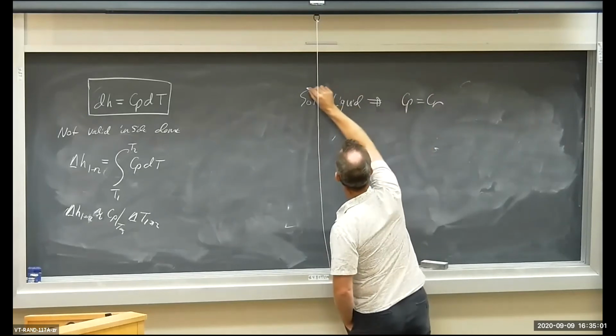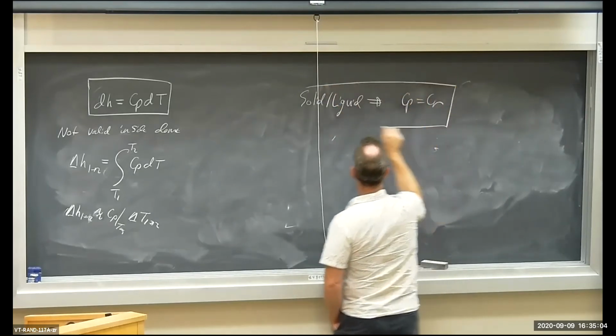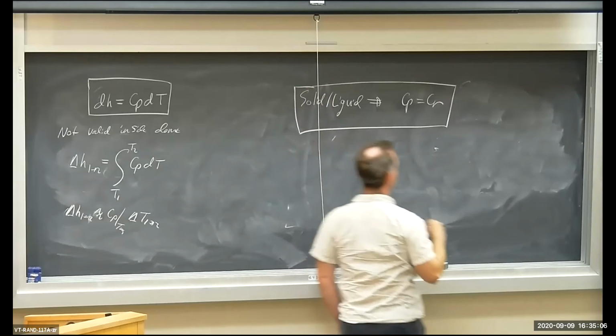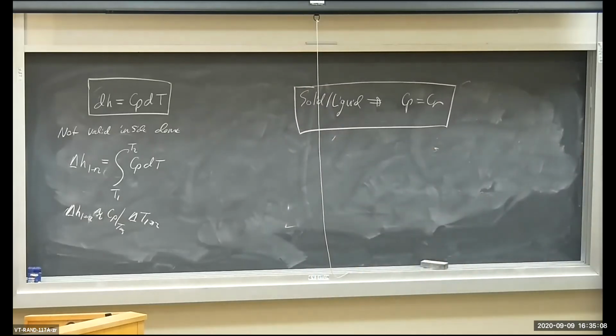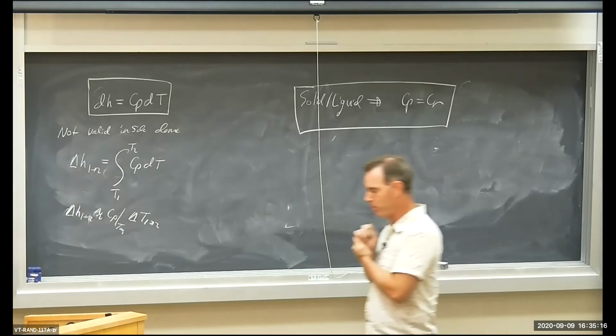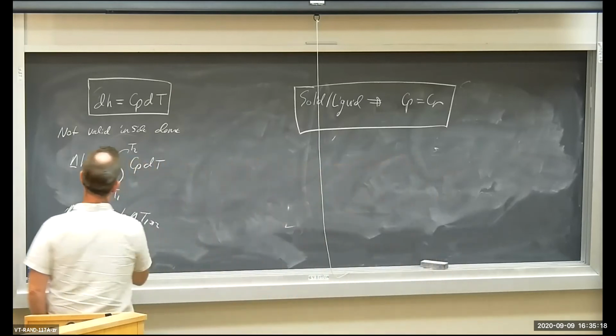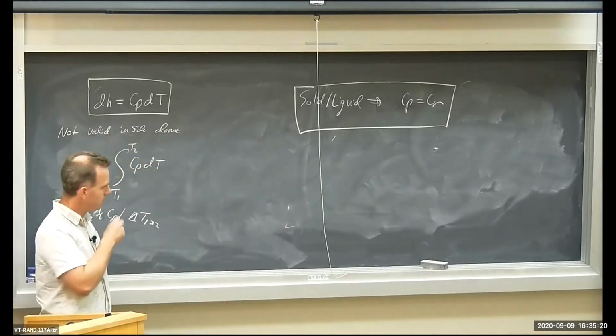Put a little box around that, all right? They must be the same. The reason there's a difference between these two, dH and dU, is because of boundary work. If it's a solid or a liquid, there's no boundary work.